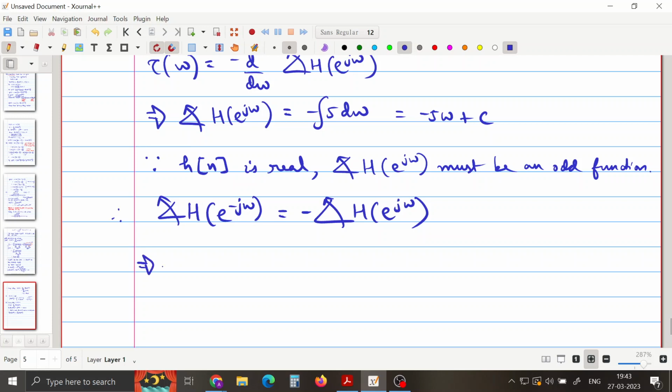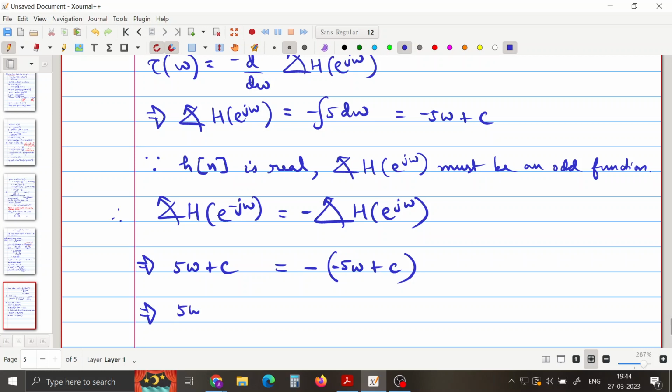So if you put minus 5 omega plus c on the left hand side, you have the phase of e power minus j omega. So minus 5 of minus omega becomes 5 omega plus c, and on the right hand side you have this, minus this. Is this clear? Up to this, is it clear? Yes, sir. Okay, good.